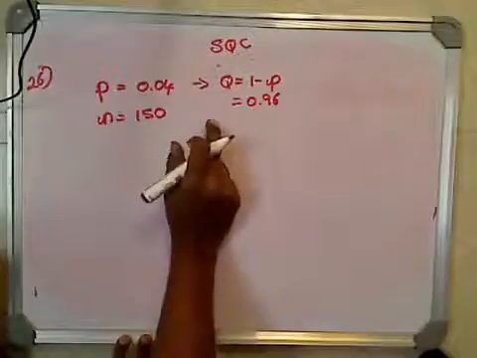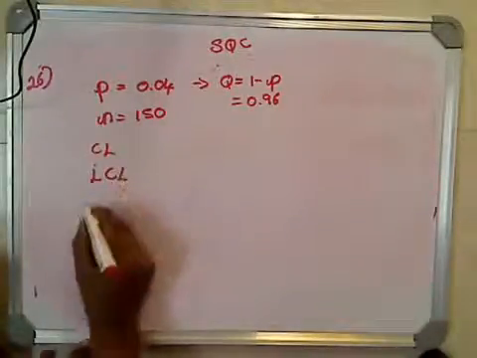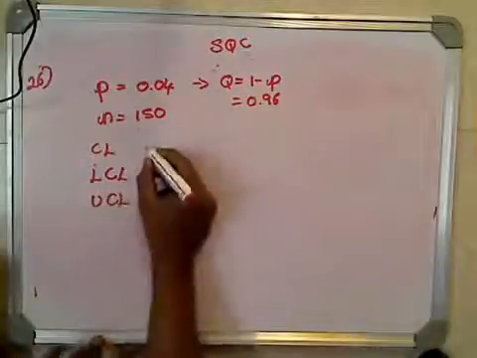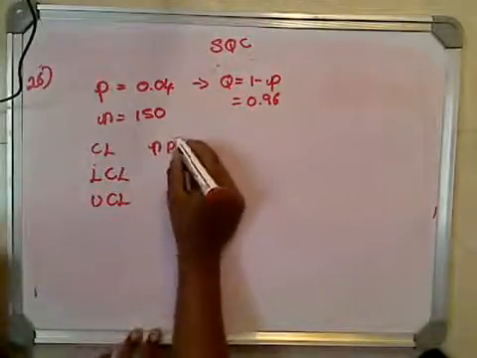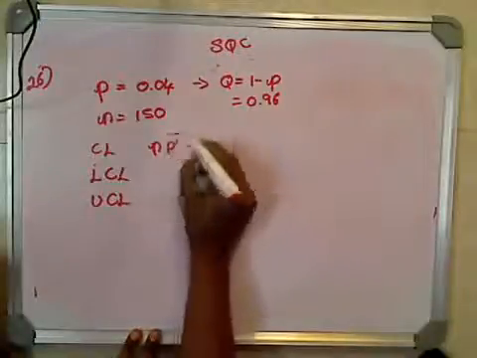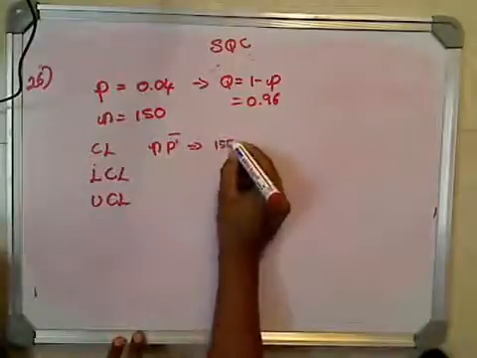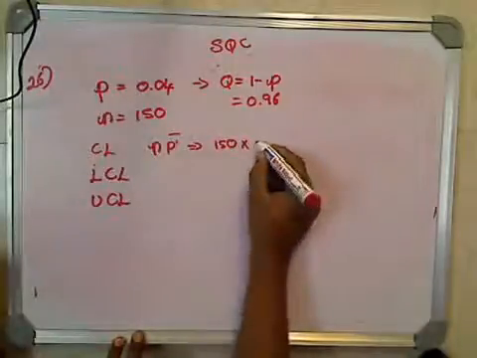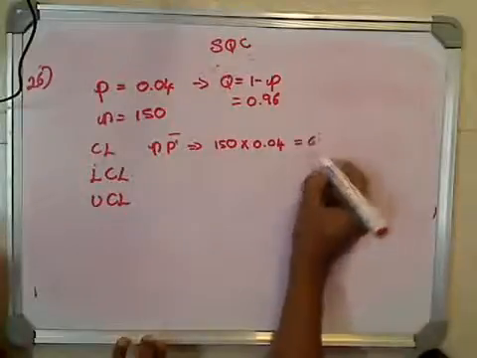Now all you need to do is substitute the values and you have your answer. Control limit here is NP. NP here is given as 150 multiplied by the proportion that you mentioned, 0.04, which is nothing but 6.